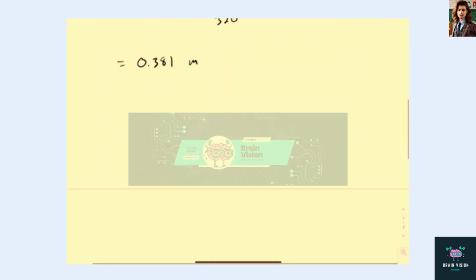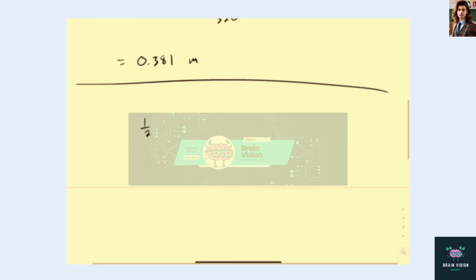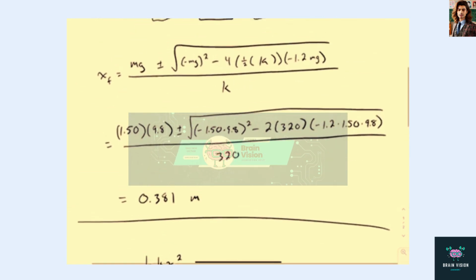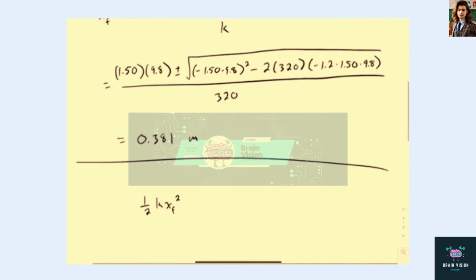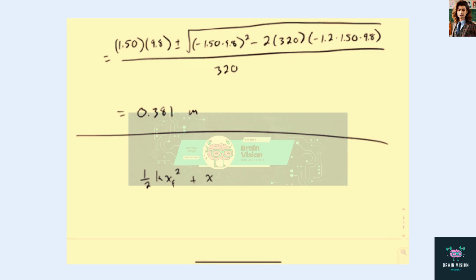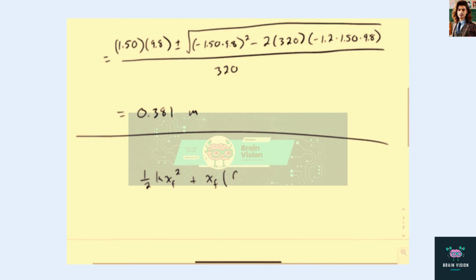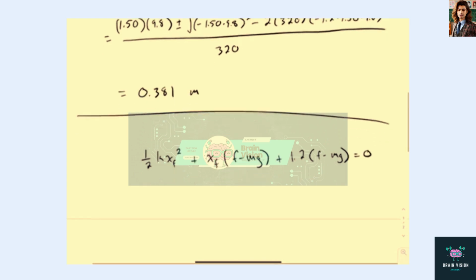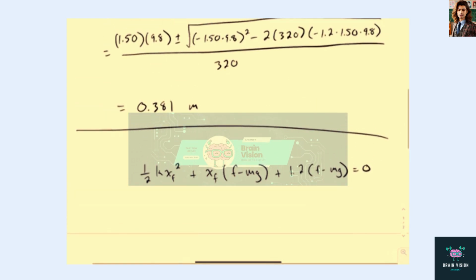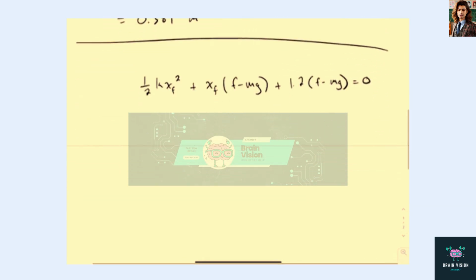So we end up getting 1/2 k x final squared, and then plus x final I can factor out times f minus mg, and then plus 1.2 times f minus mg equals 0. So the only change I'm adding in here is just adding the f's into the last two terms.